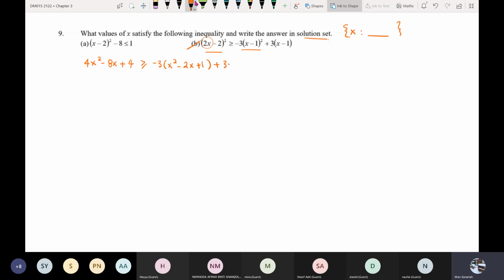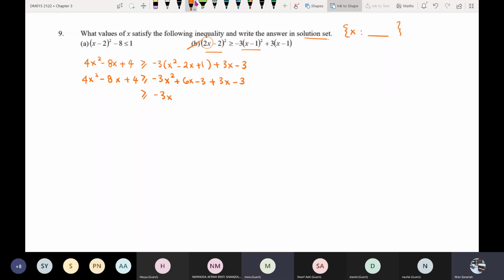Check my calculation, 3x minus 3. Now we expand: 4x squared minus 8x plus 4 greater than negative 3x squared plus 6, minus 3, plus 3x minus 3. Okay, good. So we solve this part first.